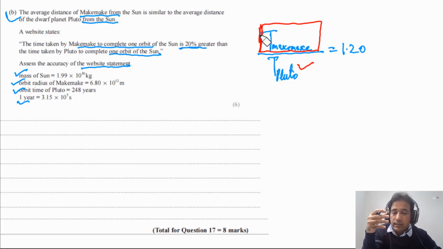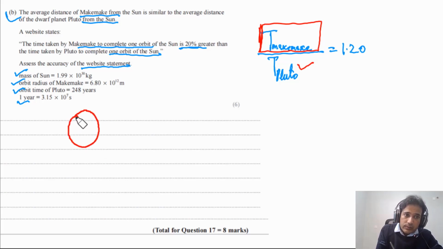Now the question is, how can we find the orbital time of Makemake? We need to go back to Newton's law of gravitation. If this is our Sun, and let's say this is the planet Makemake, the gravitational force between them we can find, and that gravitational force is providing the centripetal force for Makemake.